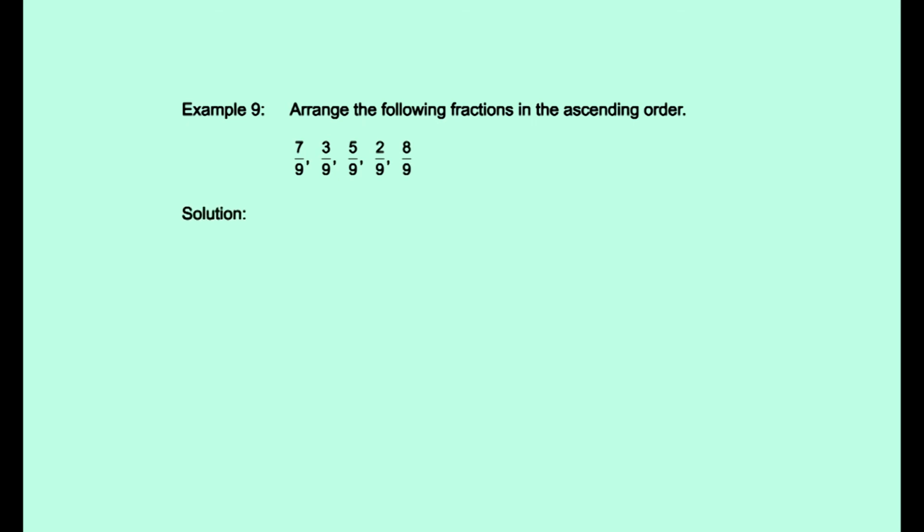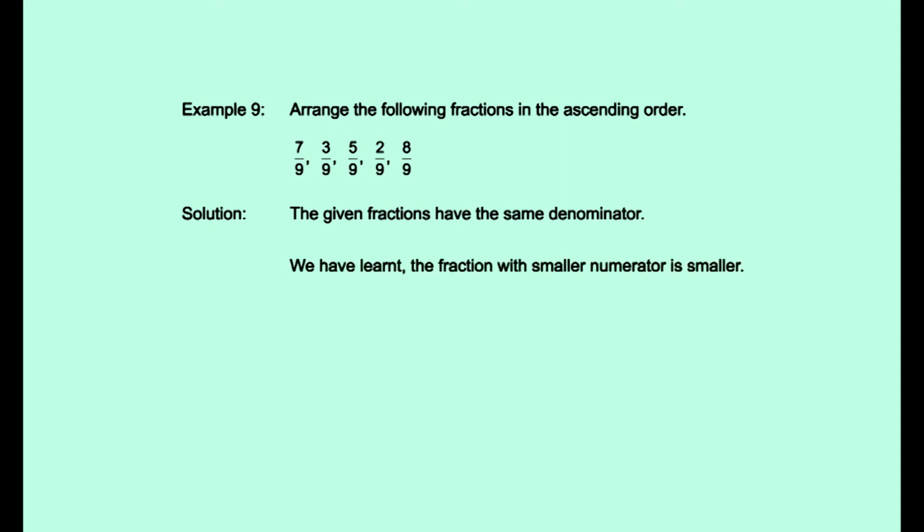Example 9. Arrange the following fractions in the ascending order. 7 by 9, 3 by 9, 5 by 9, 2 by 9, 8 by 9. Solution. The given fractions have the same denominator. We have learned the fraction with smaller numerator is smaller.